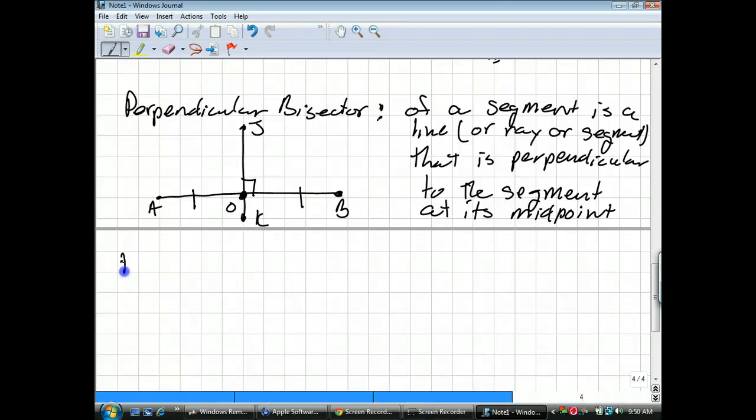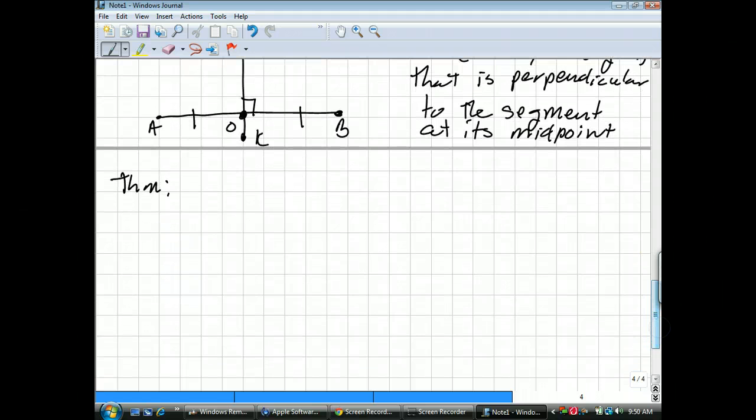All right, and that brings us to our theorems, okay?